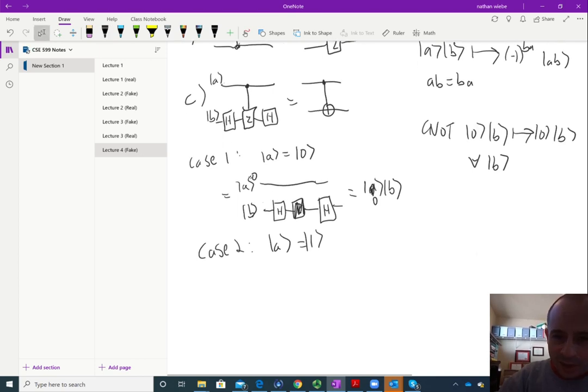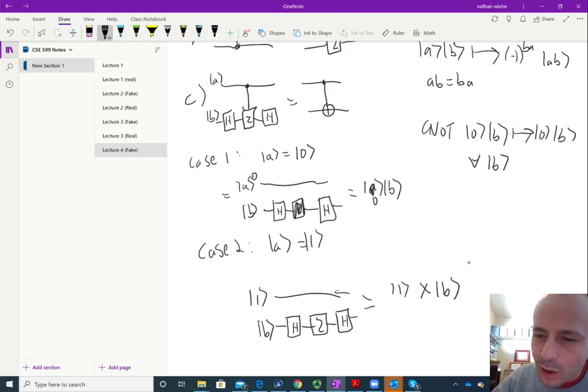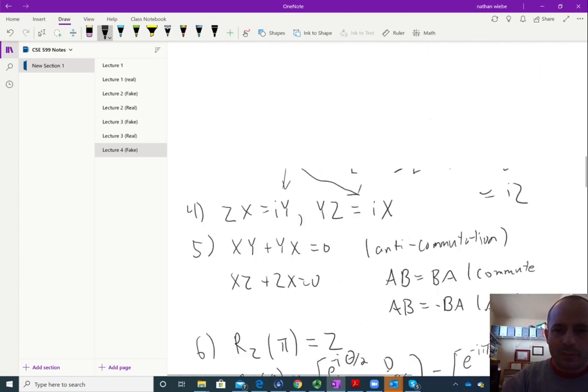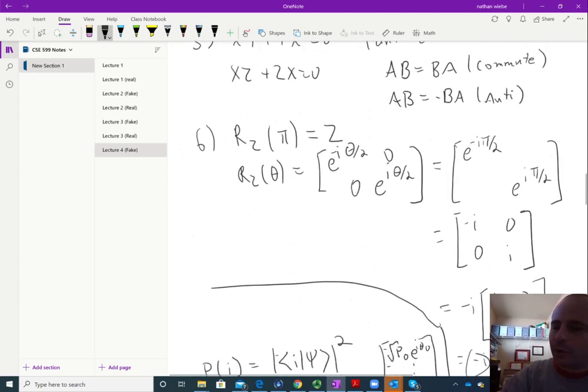So in this case, the circuit effectively is exactly the same as H, Z, H, acting on B. And this is equal to 1, X acting on B, using the property that we proved earlier, that HZH equals X and vice versa.